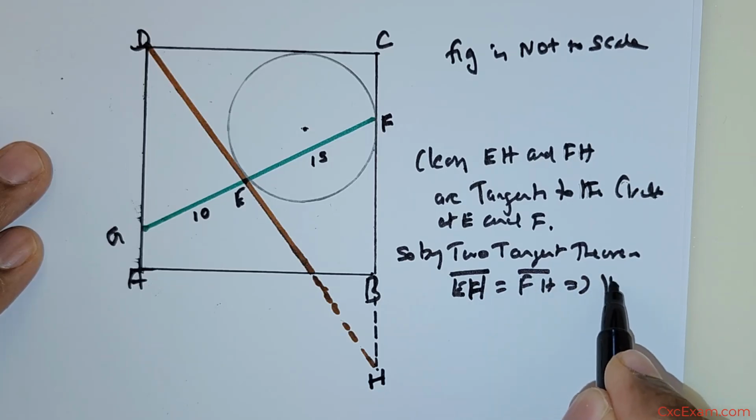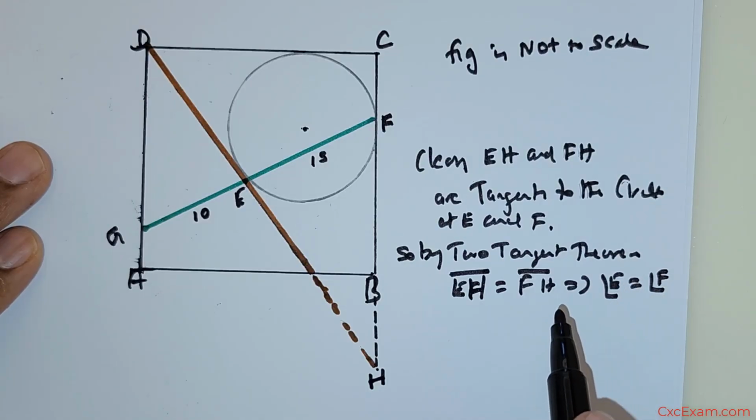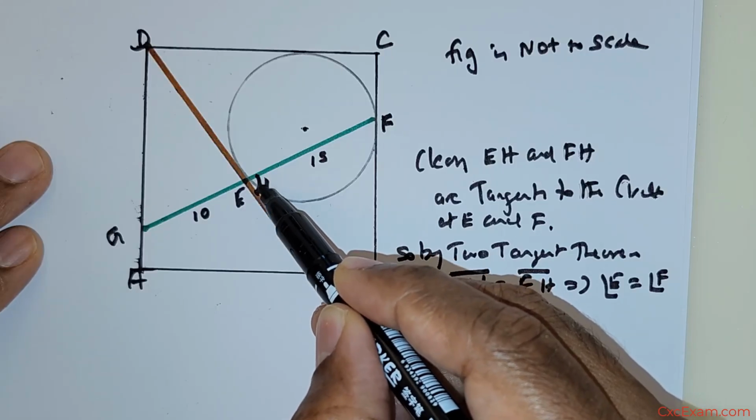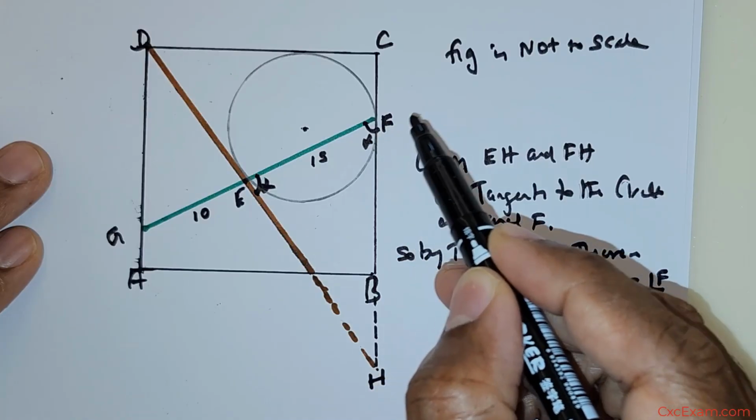So this in turn would mean angle at E is same as angle at F. So let me take the angles as alpha, and this also is alpha.